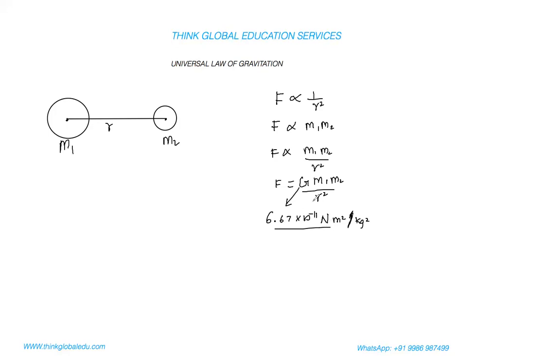Now, using this formula, we can find the gravitational field strength of any mass that produces a gravitational field. For instance, let's take Earth.